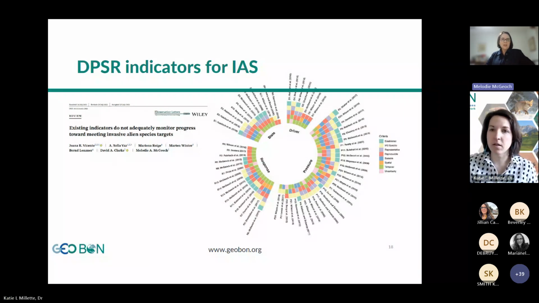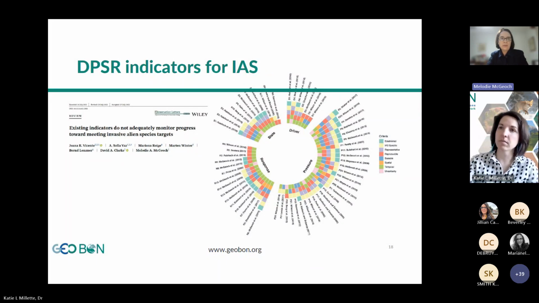Sure. Thanks, Katie. So in terms of impacts, for example, that gap could potentially be filled using the methods I referred to in the previous paper. But the paper I'm referring to in this slide did a review of all available indicators using the driver pressure state response type of framework. And as you can see, there are many published indicators on invasive alien species.